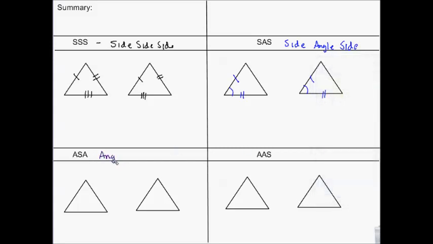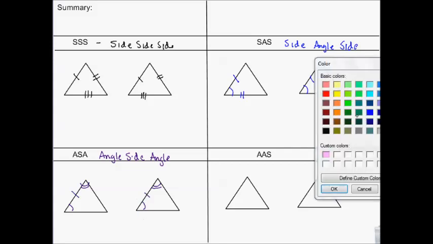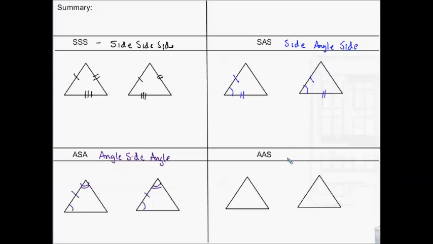And then you have angle, side, angle. So we have an angle, another angle, and the side between them. And then you have angle, angle, side, where we have one angle and another angle and the side next to them.